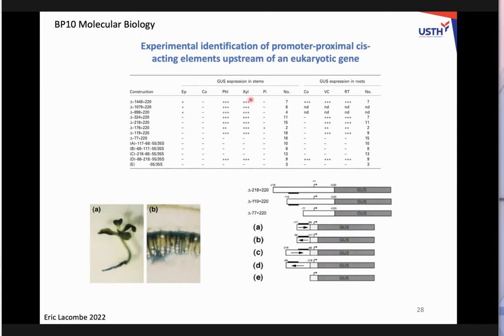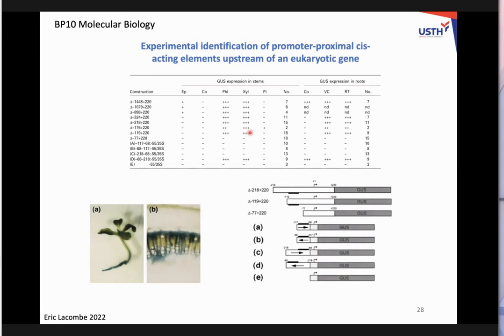So technically, what does it mean? It means that all the work we did for that is completely useless, because all the sequence necessary and sufficient for driving the expression of the gene in the vascular tissue is contained in the promoter 200 base pair upstream of the transcription start.